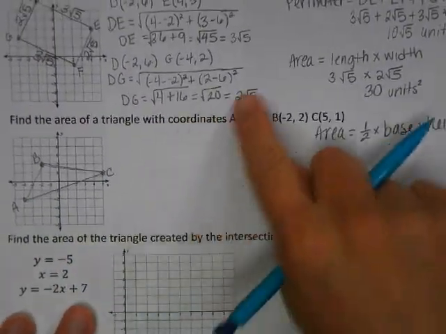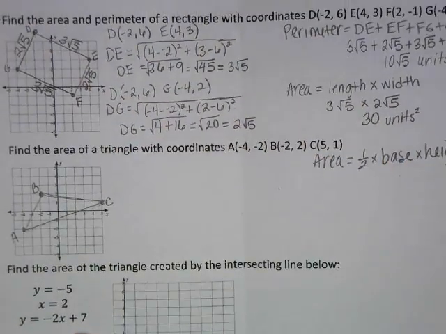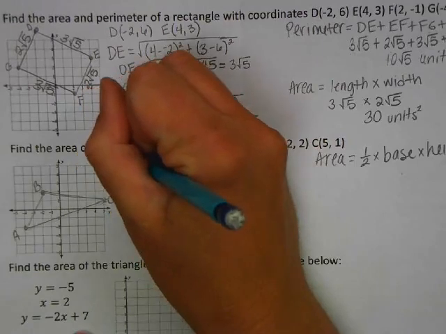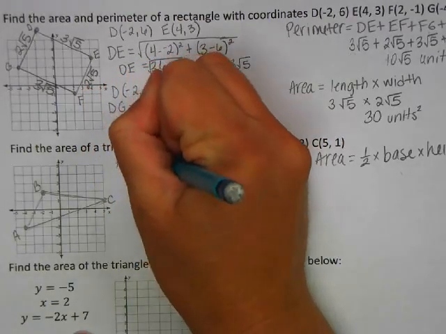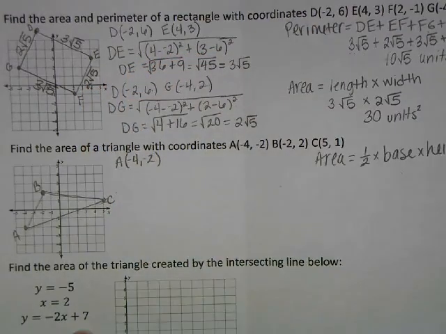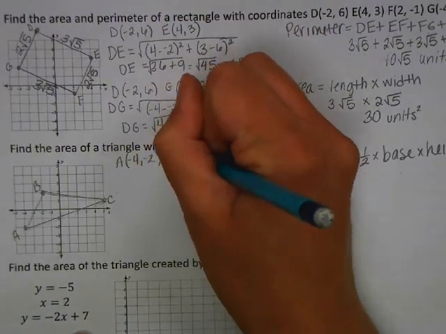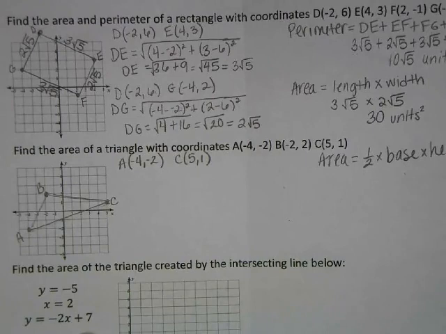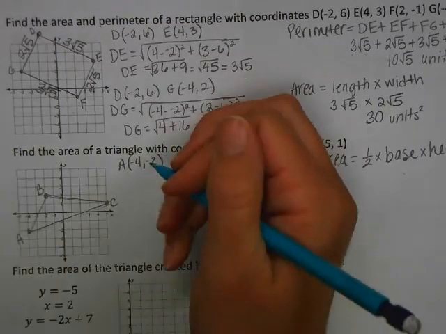So you're going to do what we did in the first example, but using points A and C. So A was -4, -2, and C was 5, 1. So if I use the distance formula, I'll get the length of the base of this triangle.